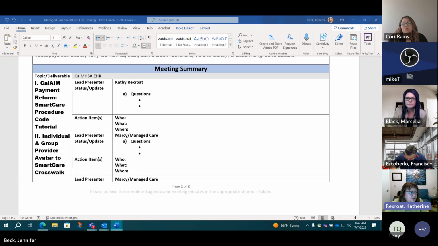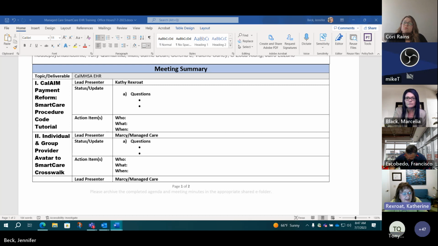I am going to look that up because that information is in the Medi-Cal billing manual. It will take us a minute to pull that up. No worries, I'll just look it up. It's going to be either 10 or 02. Those are the place of service codes.